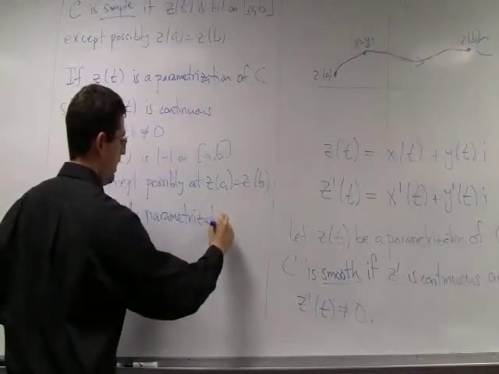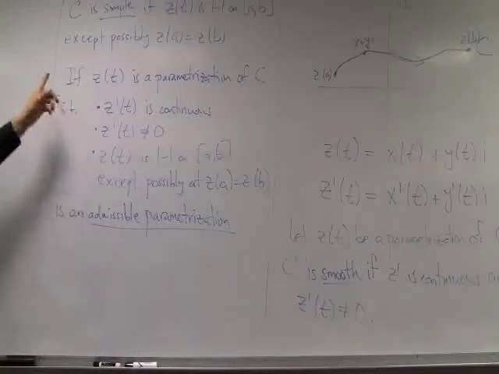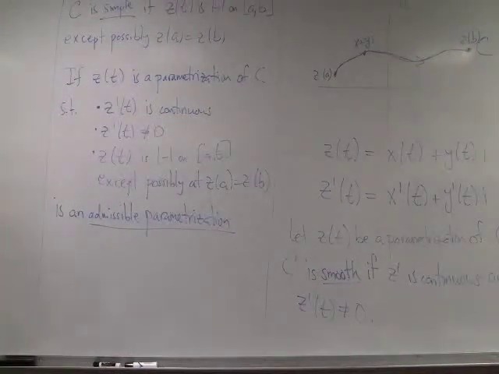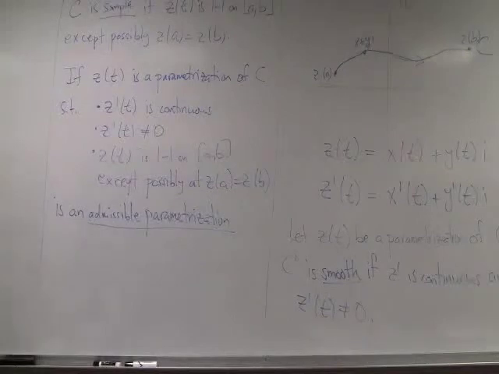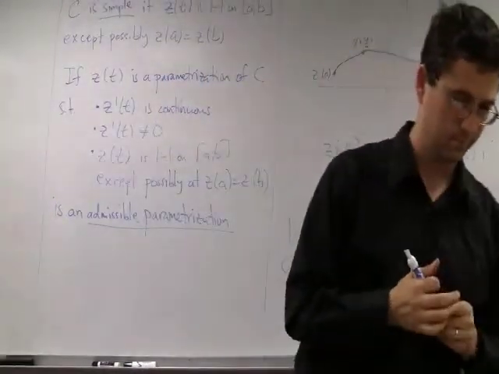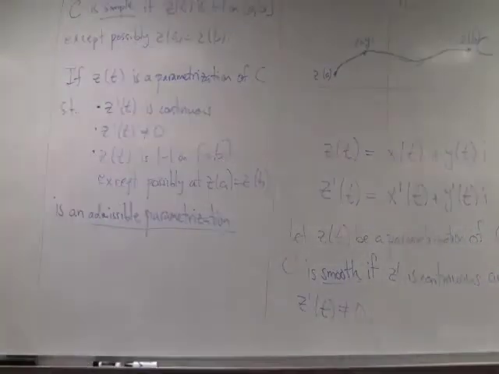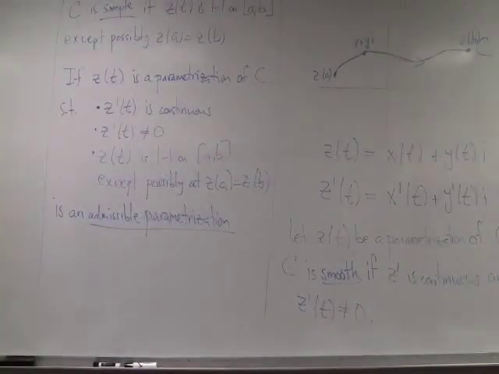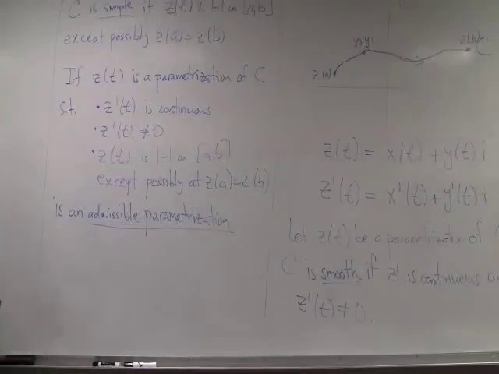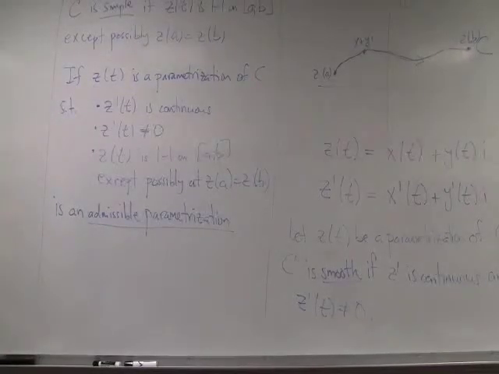And of course, what kind of curve is going to be connected to something with an admissible parameterization? If I have a curve, and then I find a parameterization for it, and I check these three properties, and they all hold, so now I have an admissible parameterization.